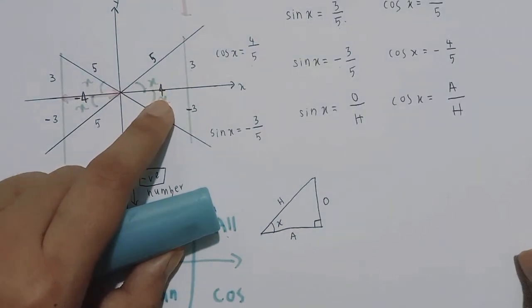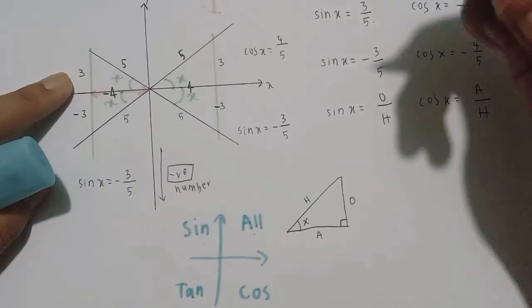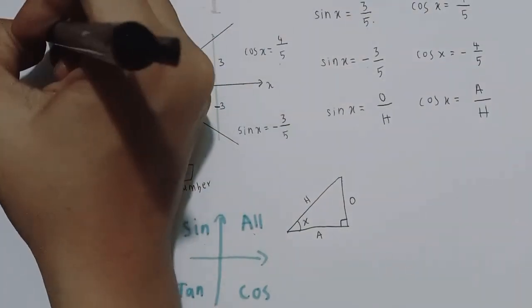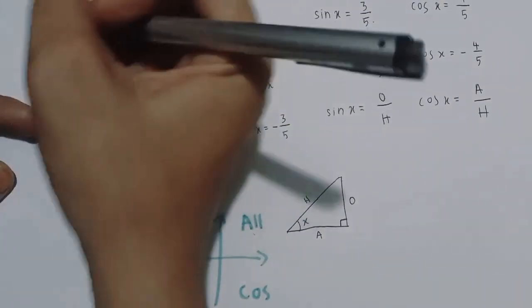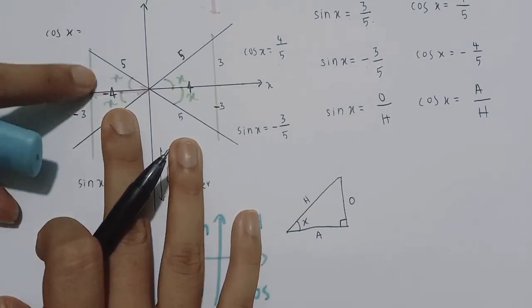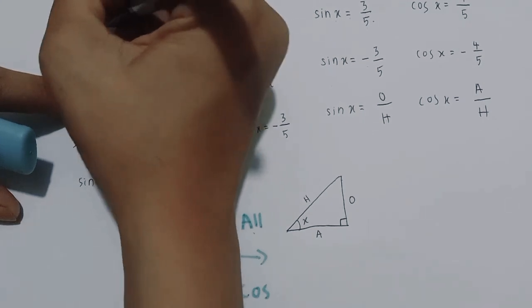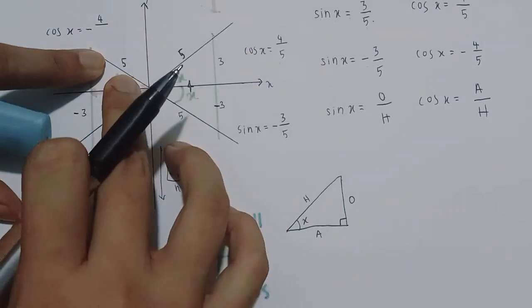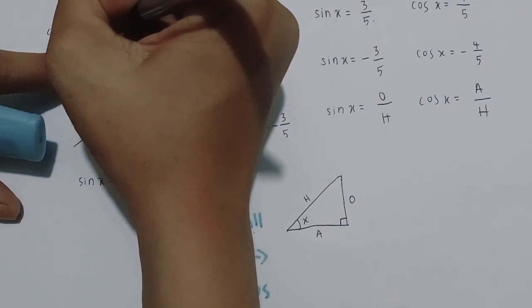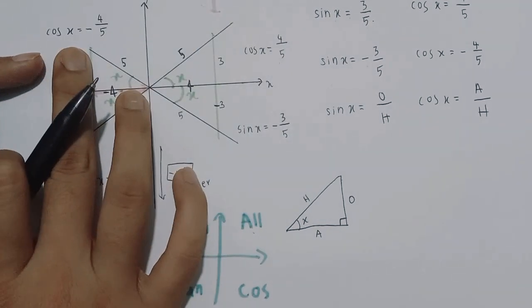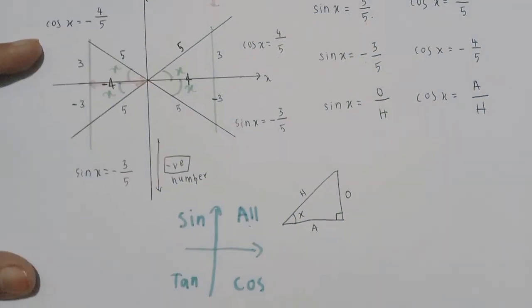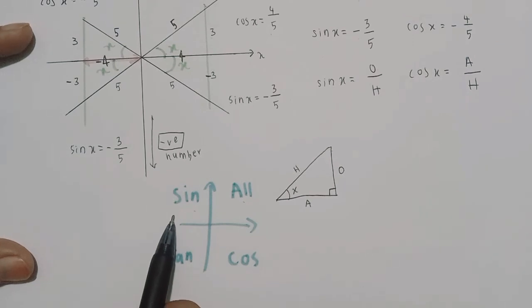So if we look here, cos adjacent is negative 4, hypotenuse is 5. So it is negative for the cos.